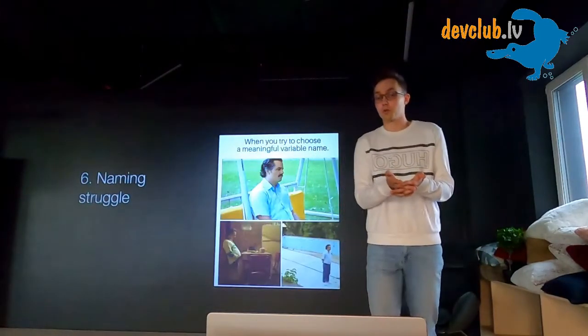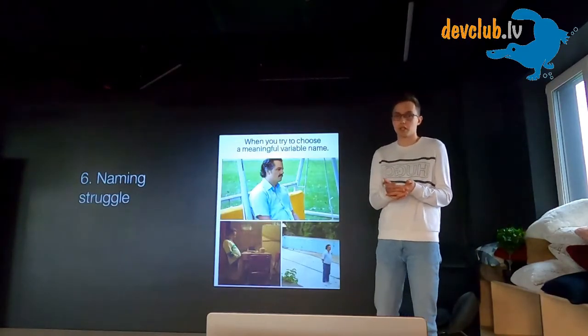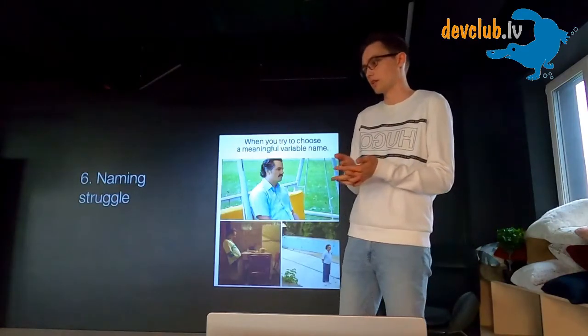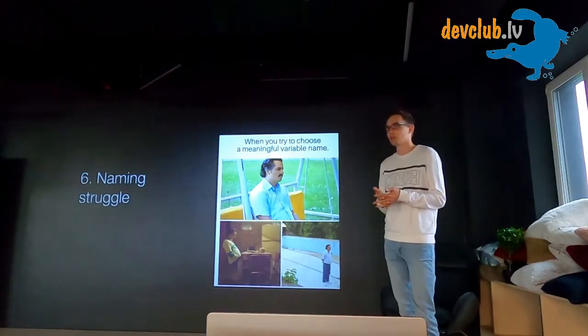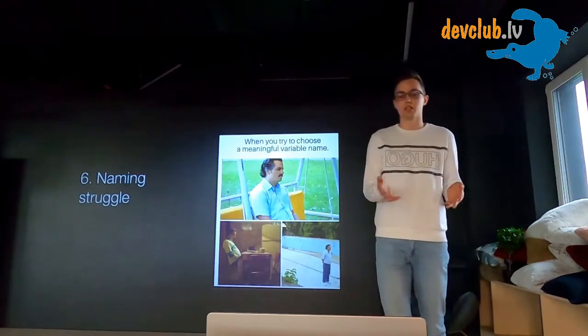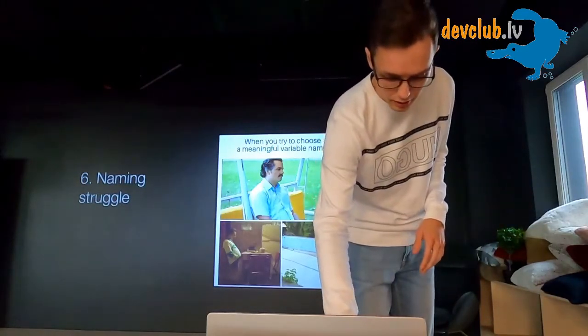And the most common one, naming struggle, when you are just sitting and you don't know how to name your variable. You wrote something and you are struggling to understand what you just wrote, how to name it, what will be the right name for it.